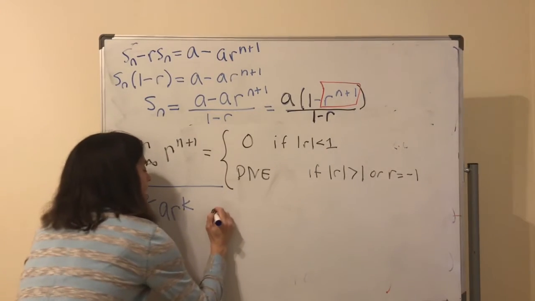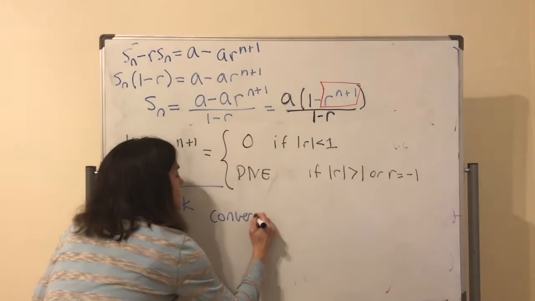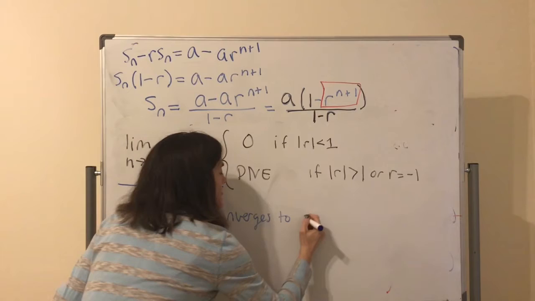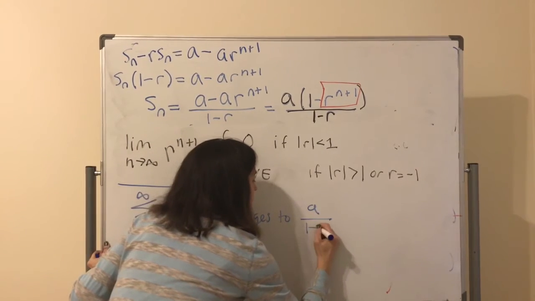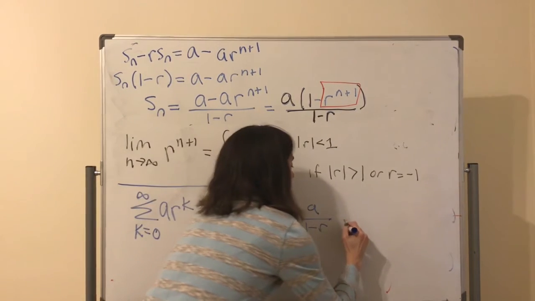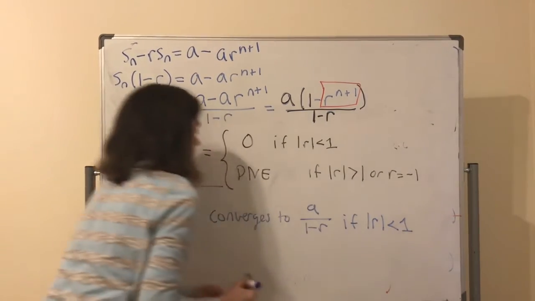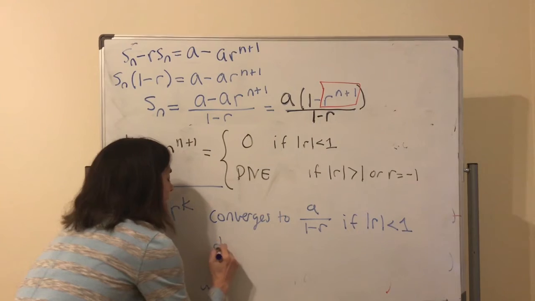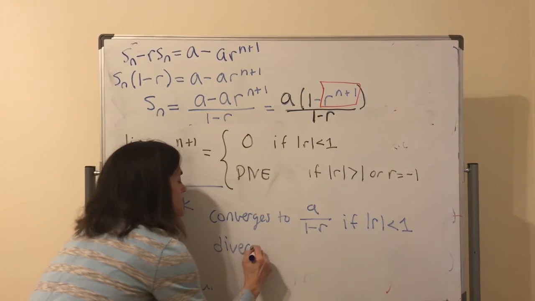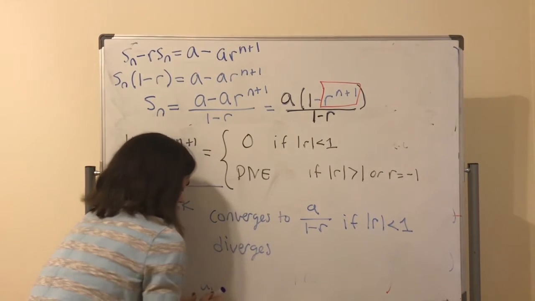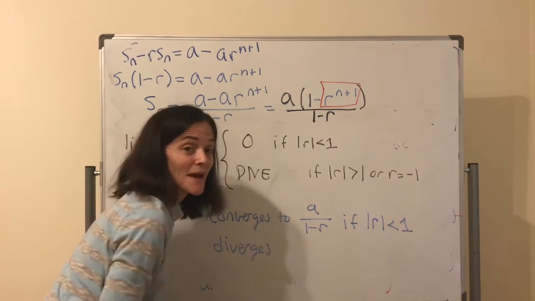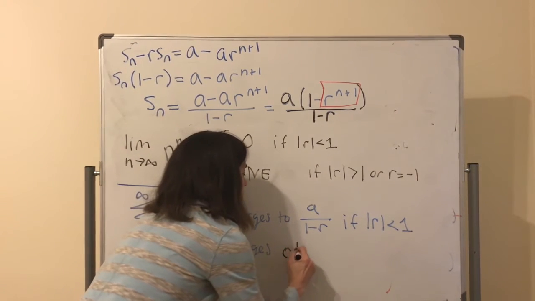So I will say it converges to a over 1 minus r if the absolute value of r is less than 1, and this diverges otherwise. This is what our work shows.